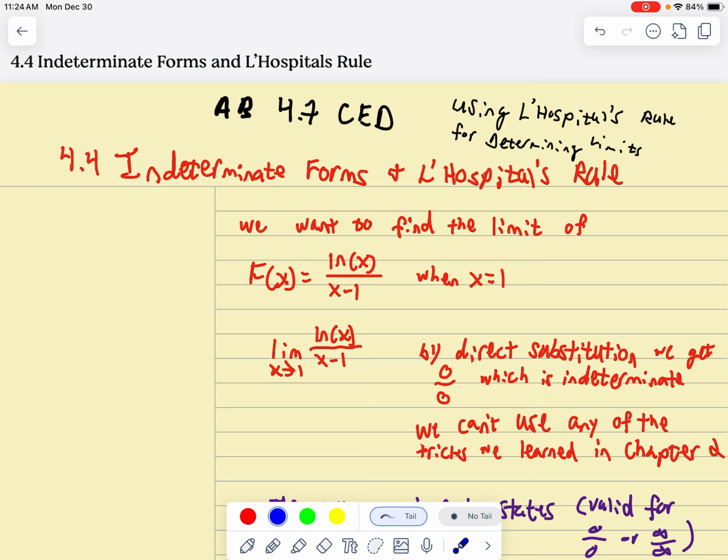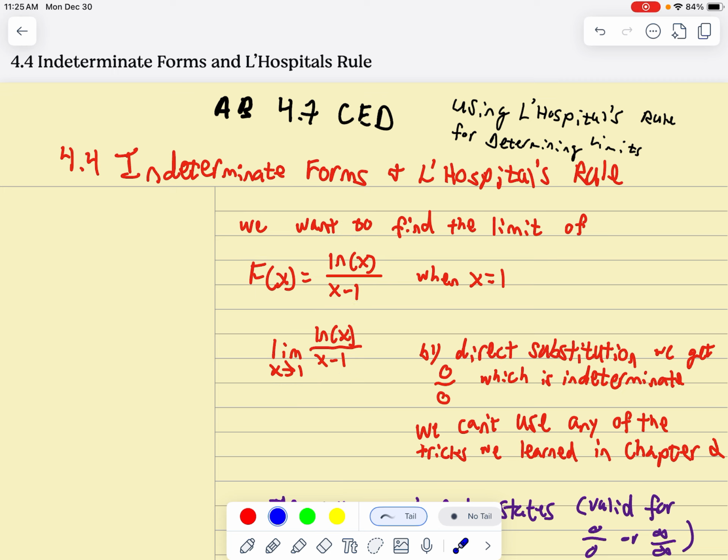The idea here is that when you cannot use the tricks we learned in Chapter 2, for example, like this one, if you want to find the limit as x goes to 1 of ln of x over x minus 1, you can't use the techniques that we learned, which was basically algebraic tricks.